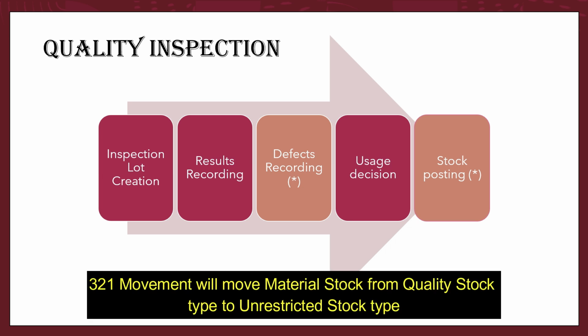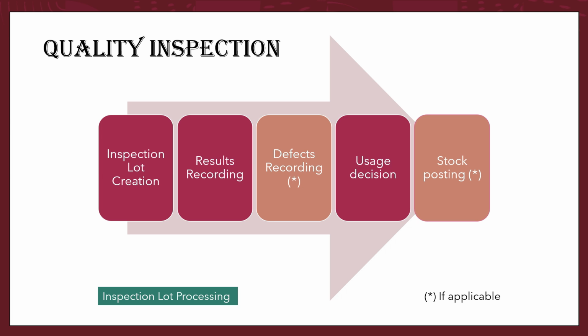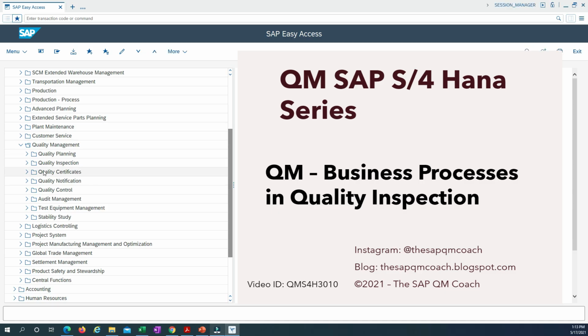Basically, it will trigger different movements depending on the different options that we have in the user decision. Depending on the requirements of the company, we can have different results of posting to this stock. For example, returning to the vendor, we can put it in scrap, we can put it into the blocked stock, or the typical unrestricted available stock.